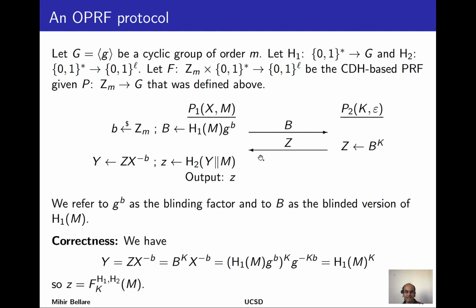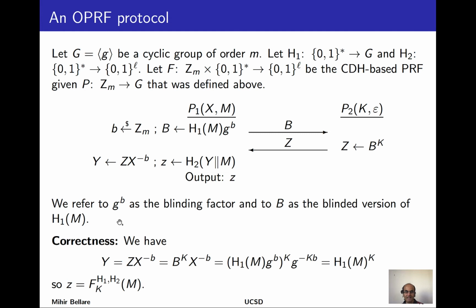From this, we now want party 1 to recover hash 1 of M to the K, and we claim that this formula does that for it. It takes the Z. Remember that X here is G to the K, and this is where we use that this party knows this X, and it raises that to the power negative B, or if you like, it takes the inverse in the group and raises that to the Bth power.